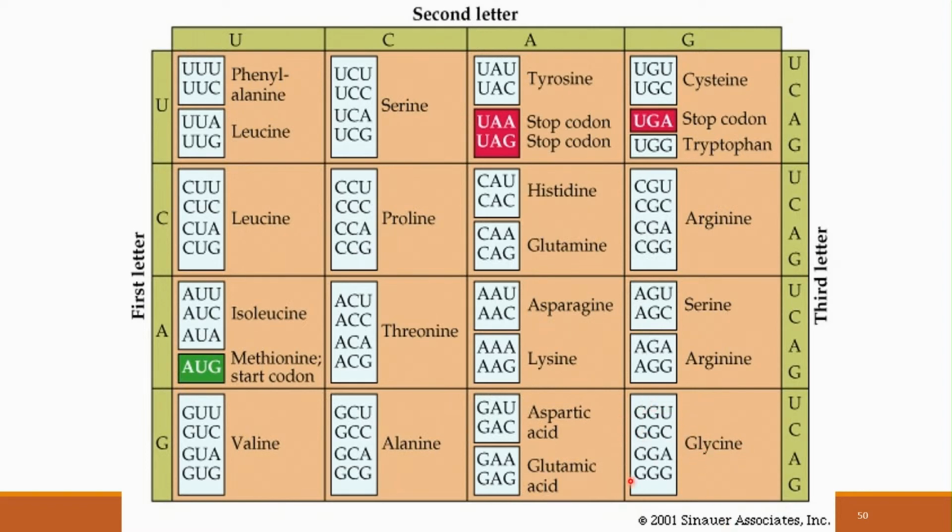Glycine, for example, has 4 different codons that will make a glycine. Usually they're pretty similar to each other, so that if there's a mutation in one of these letters, oftentimes it doesn't result in any major significant changes. So if the third letter here was a U, C, A, or G, we would still get a glycine here.